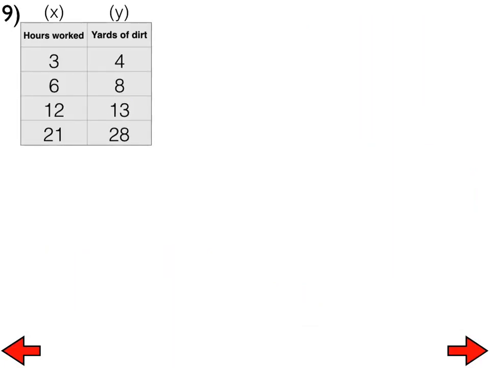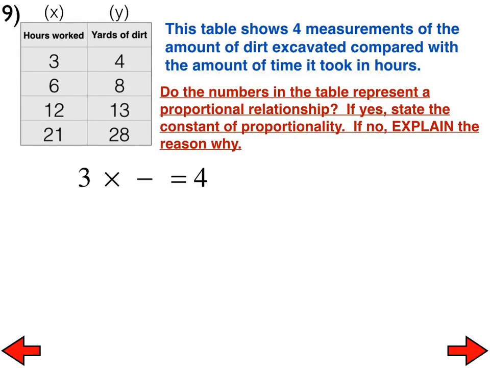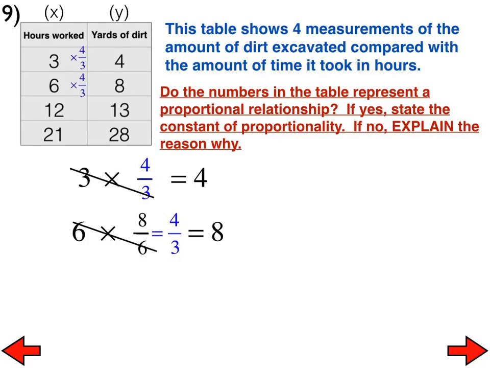Last one. 3 times what is 4? 4/3. 6 times what is 8? 8/6, which is 4/3. 12 times what is 13? 13 over 12, which I can't reduce because 13 is prime.